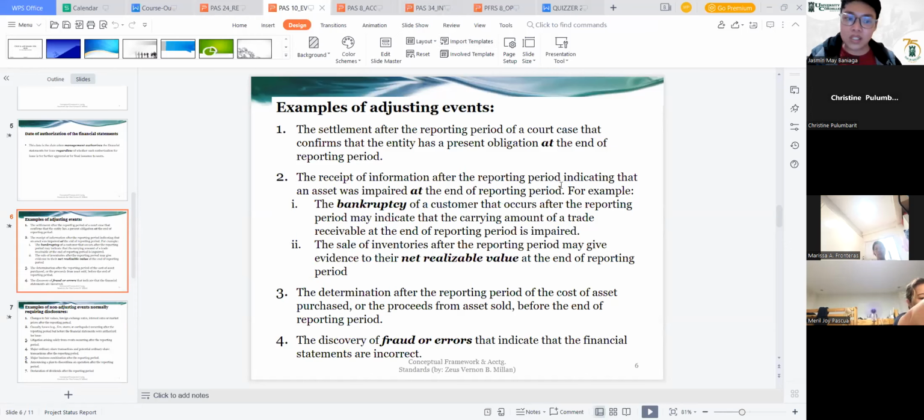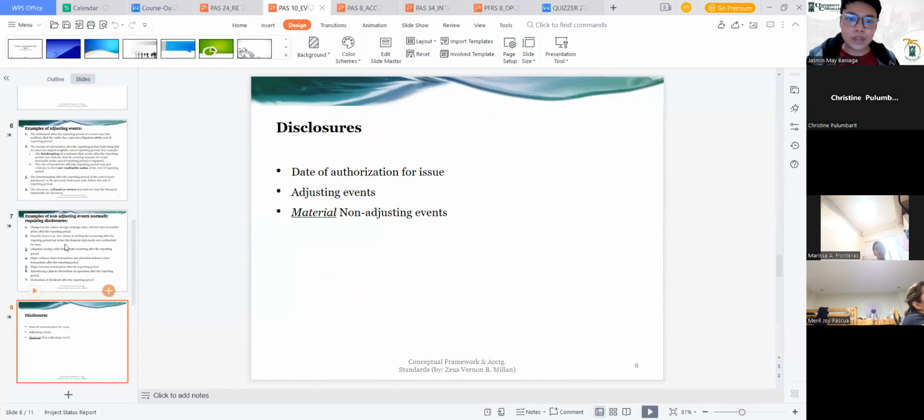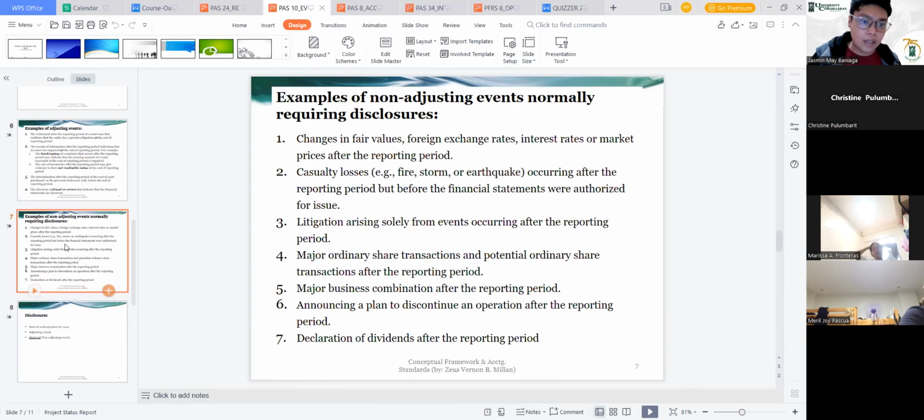I hope you remember those dates and some examples if you encounter this one in the theoretical parts of intermediate accounting or financial accounting. Okay. As you can see, for disclosures, only the date of authorization for issuance, adjusting events, and its material non-adjusting events. So this is summary of a past 10 so far.